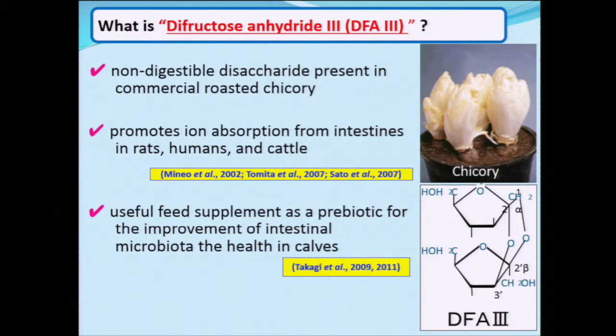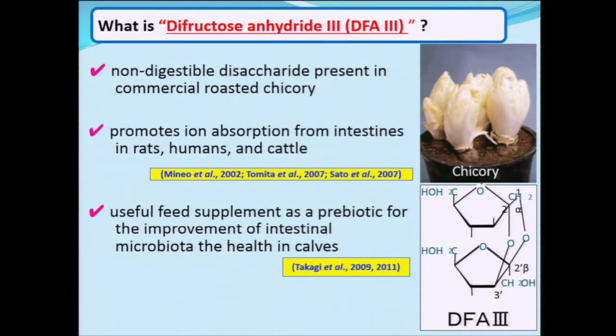In the present study, we used Difructose anhydride 3, or DFA III, as a test compound. DFA III is a non-digestible disaccharide present in commercially roasted chicory. It has already been reported that DFA III promotes mineral absorption in rats, humans, and cattle.